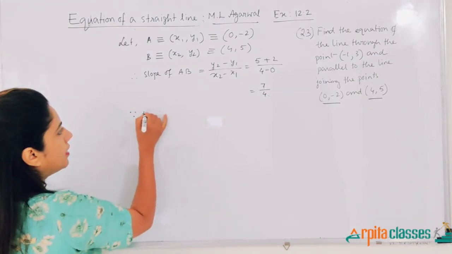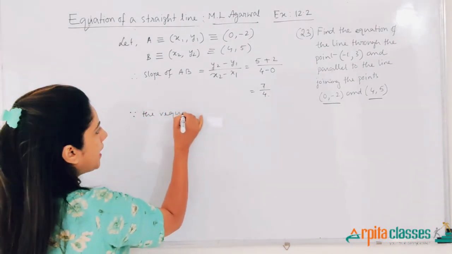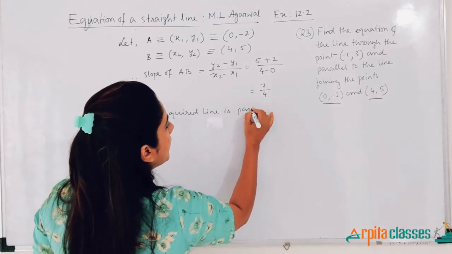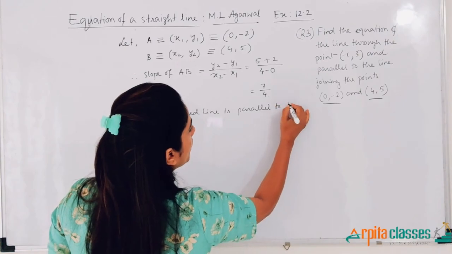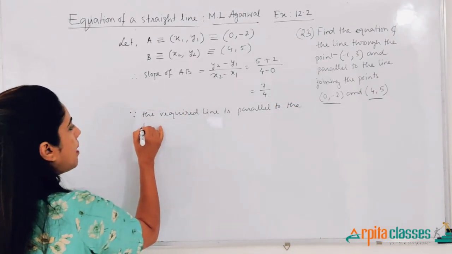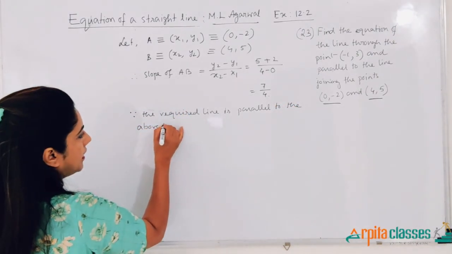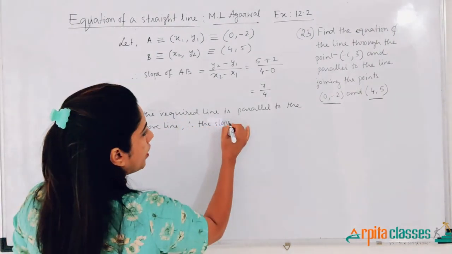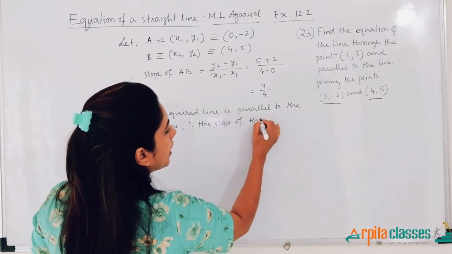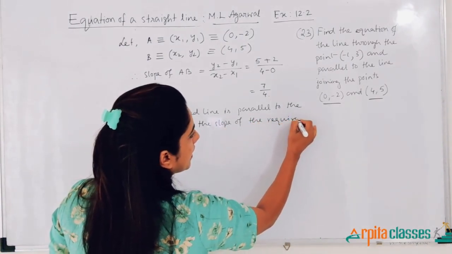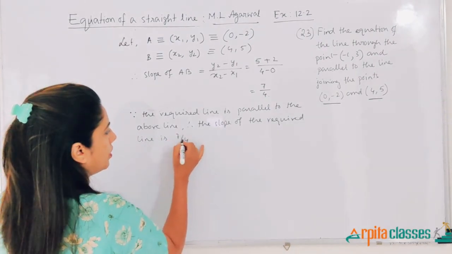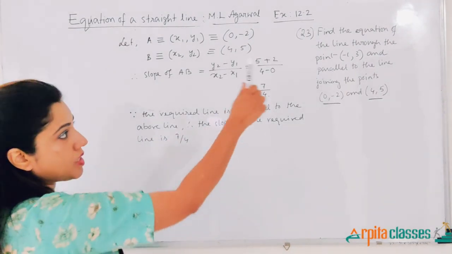Since the required line is parallel to the above line, the slope of the required line is 7 by 4.